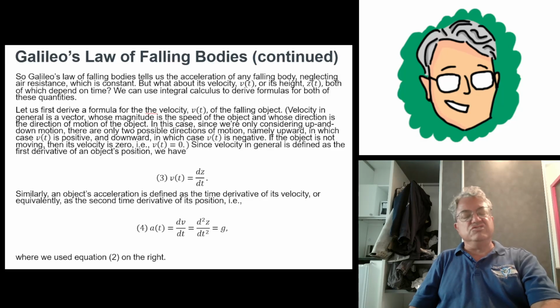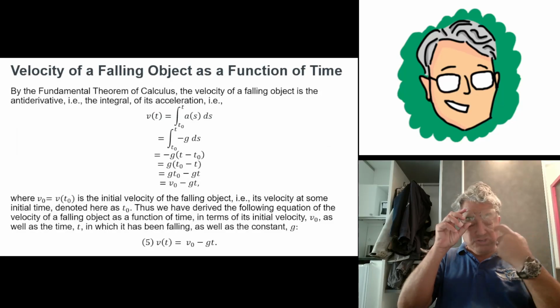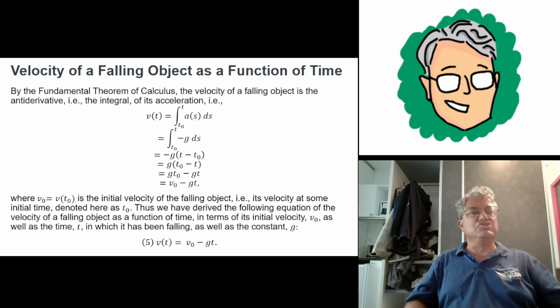Now, this is differential calculus. But in order to solve for v of t or z of t, we have to do the opposite. We have to integrate using the fundamental theorem of calculus. We know that integration is the opposite of differentiation.